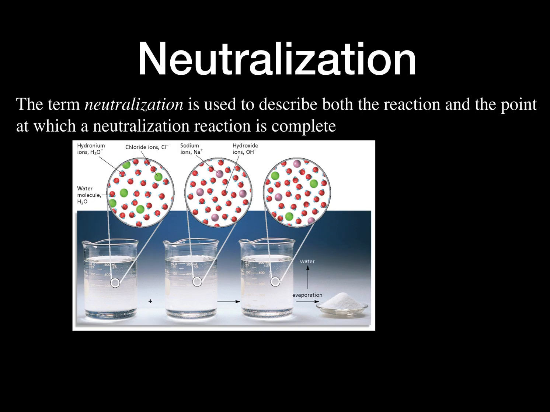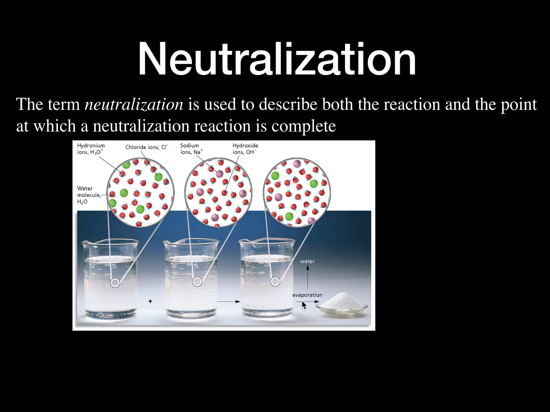So now, neutralization. The term neutralization is used to describe both the reaction and the point at which a neutralization reaction is complete. In this picture, we see the hydronium ions, water molecules, chloride ions, sodium cations, and hydroxide anions in beakers, in solution.